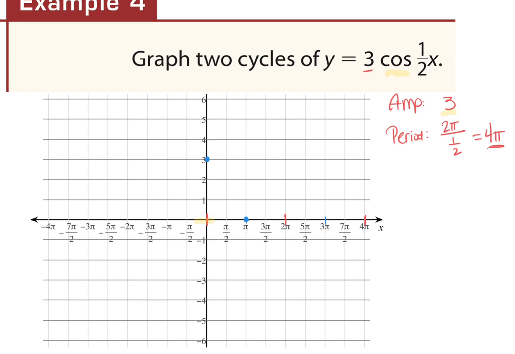I am going to be 3 units away down at my halfway point, so I'm going to go to -3 and mark it at 2 pi. My 3/4 point is back at my middle, so I'm going to mark the x-axis. And then cosine ends at the highest point, which is back up at 3.